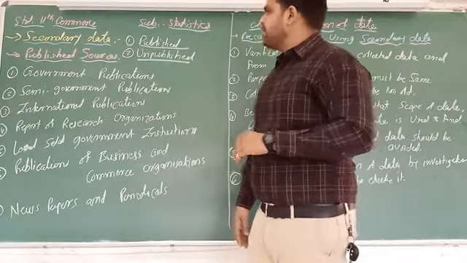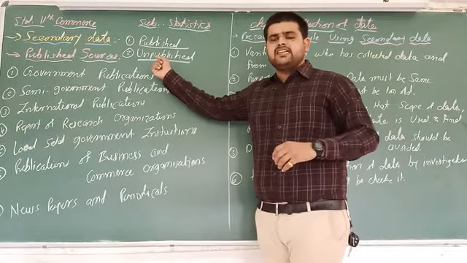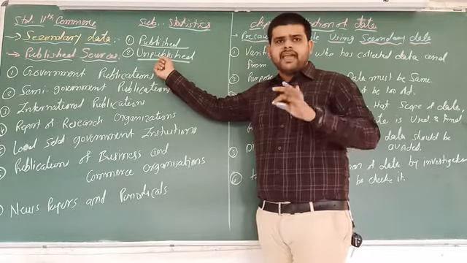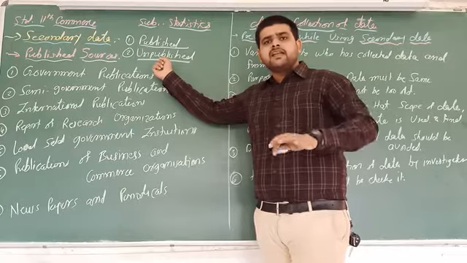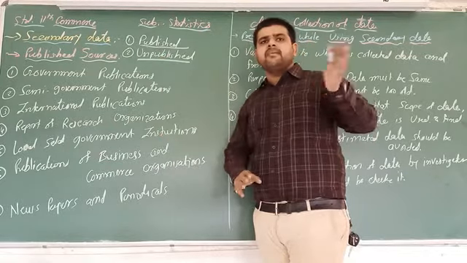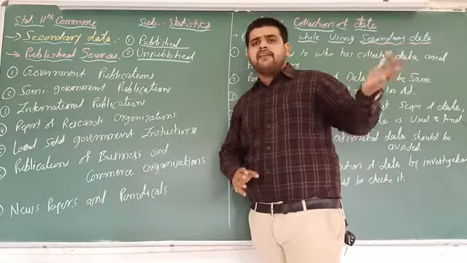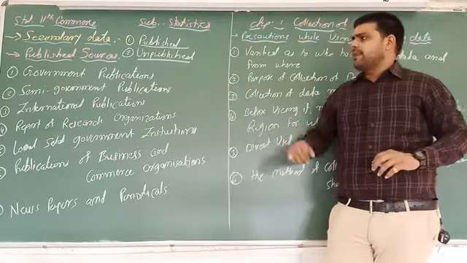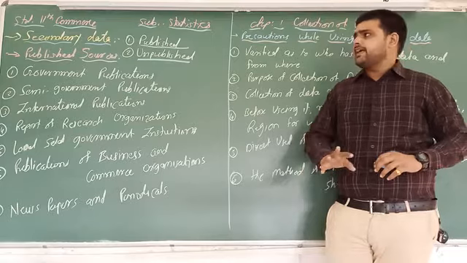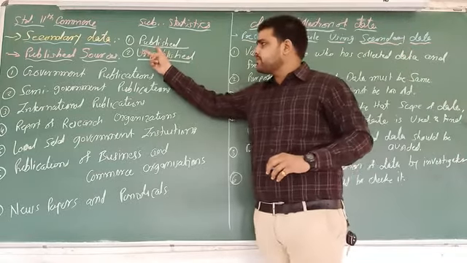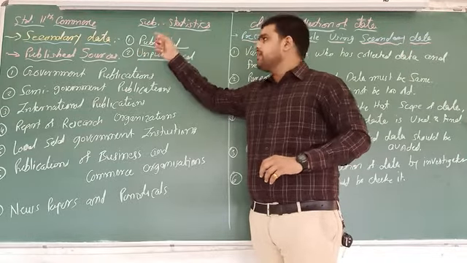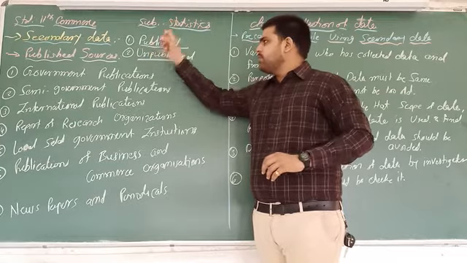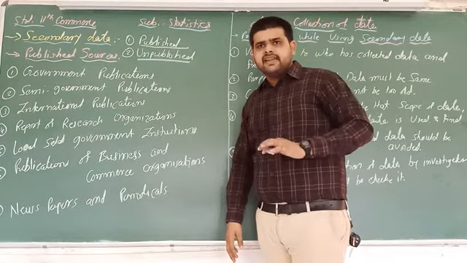And what do we mean by unpublished data? That is research or data found out by any person or any institute, but that particular thing is not published anywhere, that is called unpublished data. So two types of source of collection are there: number one, published data, and number two, unpublished data.